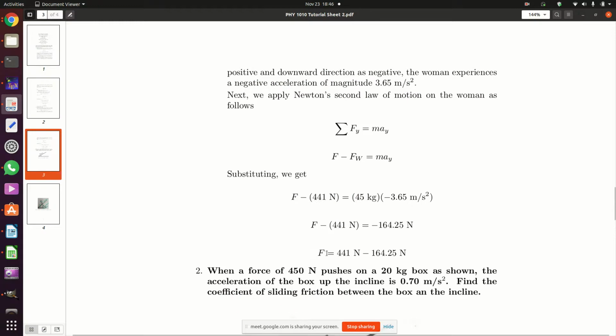So we end up with this. F is equal to 441 newtons minus 164.25.